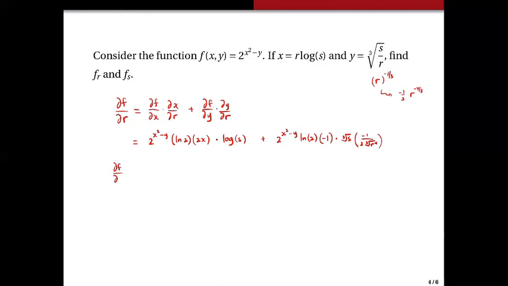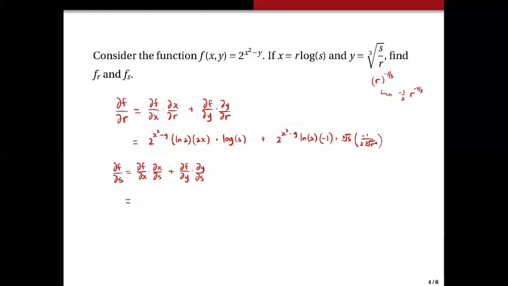And then partial f with respect to s. So this is partial f with respect to x times partial x with respect to s plus partial f with respect to y times partial y with respect to s. So in here, partial f with respect to x, we just copy this part here. And partial f with respect to y, we just copy this part here.